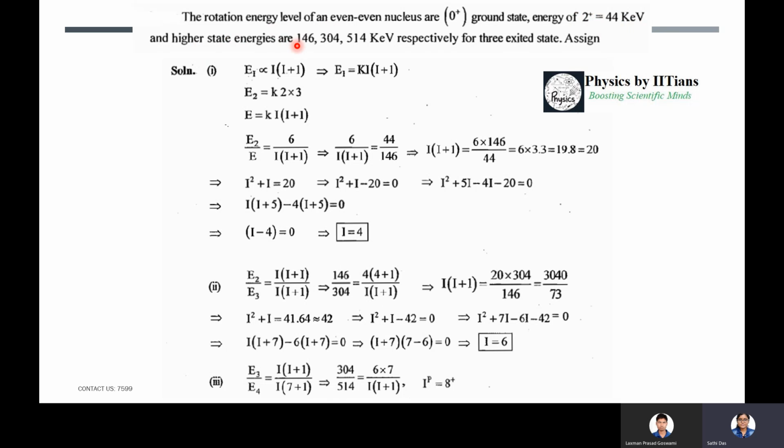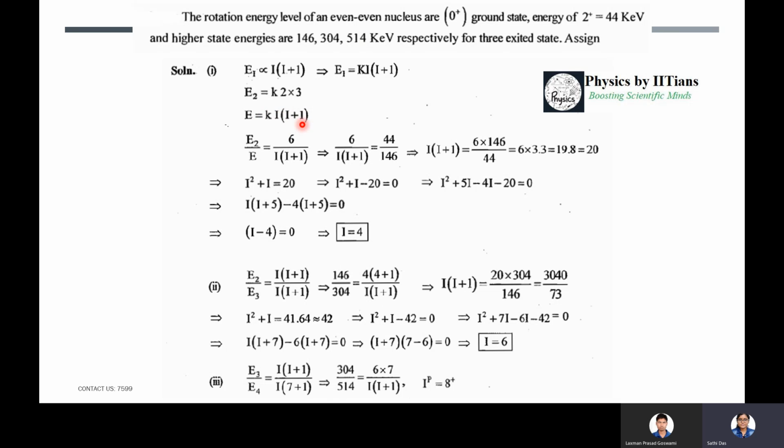So the higher states are 146, 304, 514 keV. What will be the spin parities? You have to apply EI proportional to I into I plus 1. E2 is given here. E2 can be written as K into 2 plus 1, that is 3, or the state which you want to find out, you can take as I.